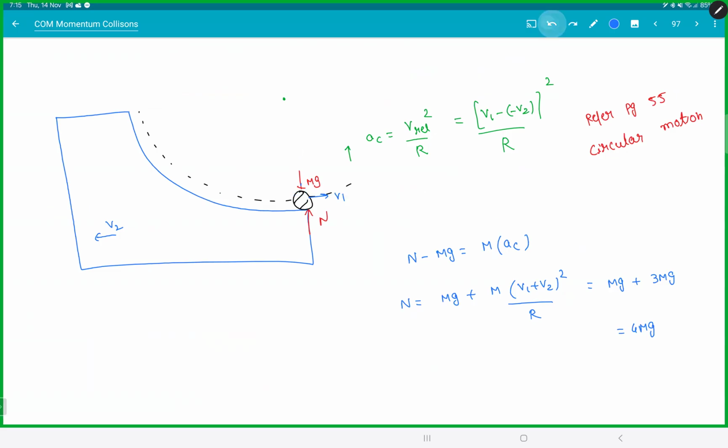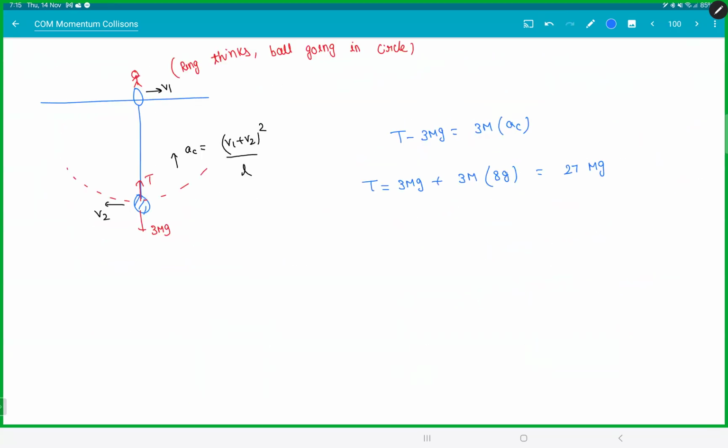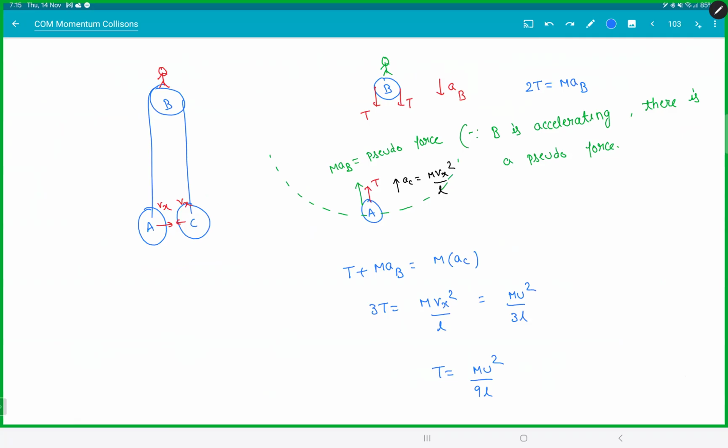That's why there is no acceleration. If I had asked you to find the normal reaction here, this normal reaction will accelerate the wedge, then you have to apply pseudo force also. It becomes very complex to solve. So in the previous questions, I took care to ask you the position where there is no pseudo force. But in this, you have to include it. Next one. Any doubts on this?